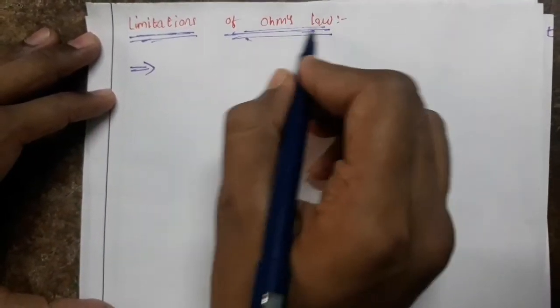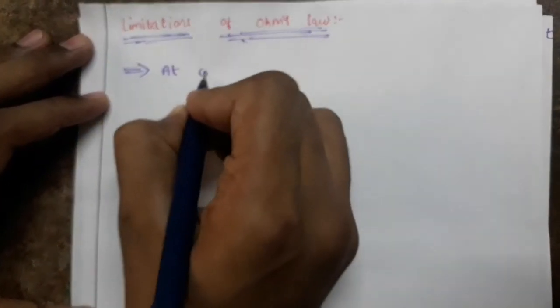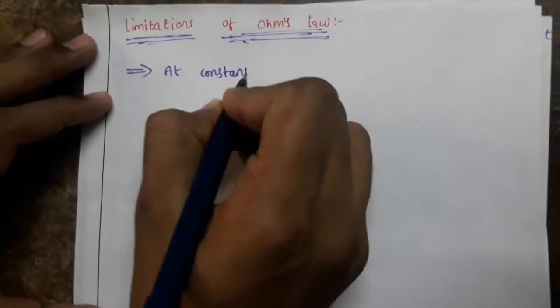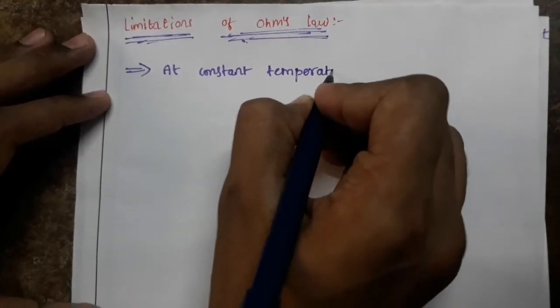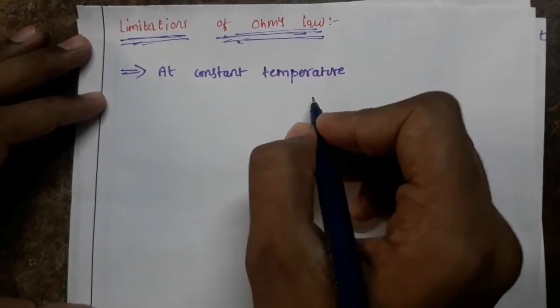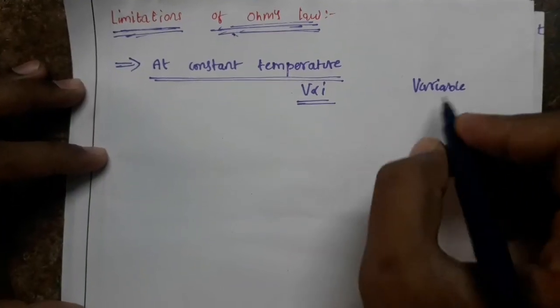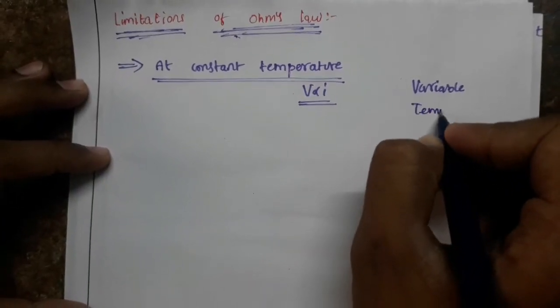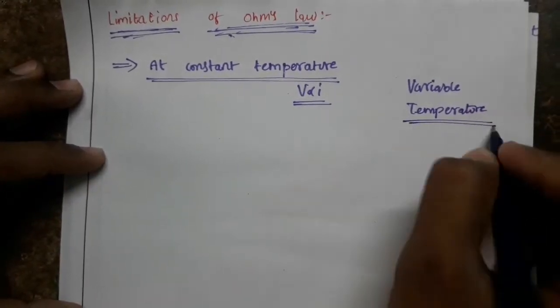Limitations of Ohm's law. According to Ohm's law, at constant temperature, current flowing through a conductor is directly proportional to voltage applied across it. Therefore, if there is variable temperature, then Ohm's law is not applicable.